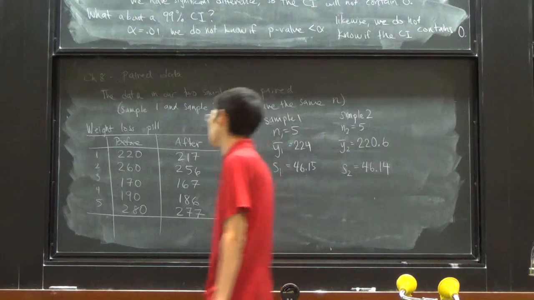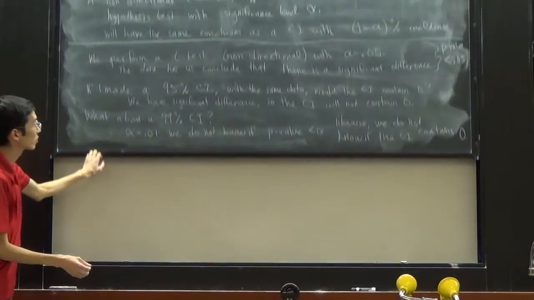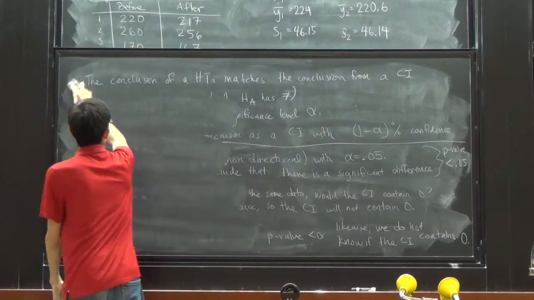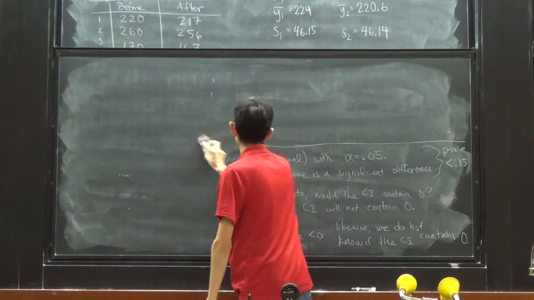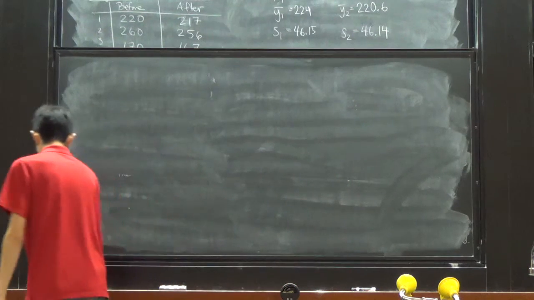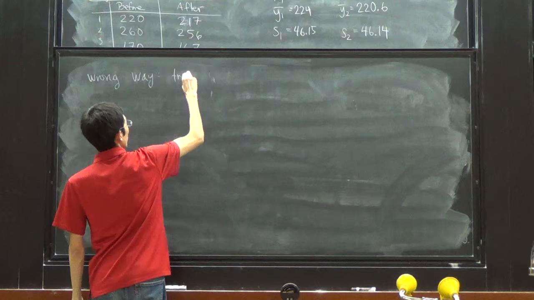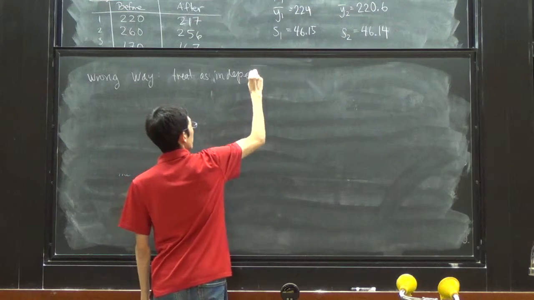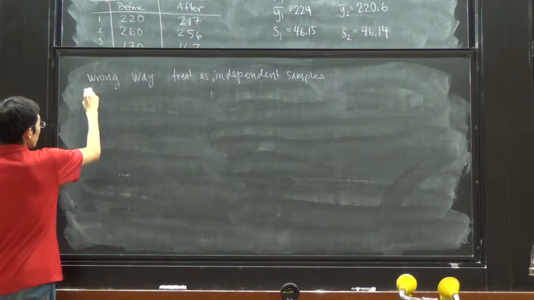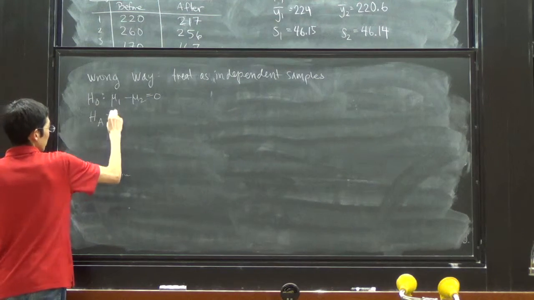So let's do it the wrong way. If we treat these as independent samples, the wrong way is to treat them as independent samples. mu1 minus mu2 equals 0 versus the alternative that mu1 minus mu2.